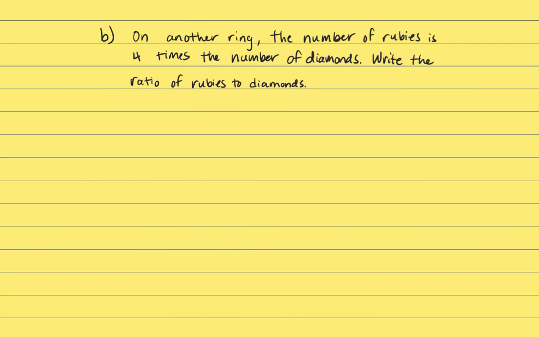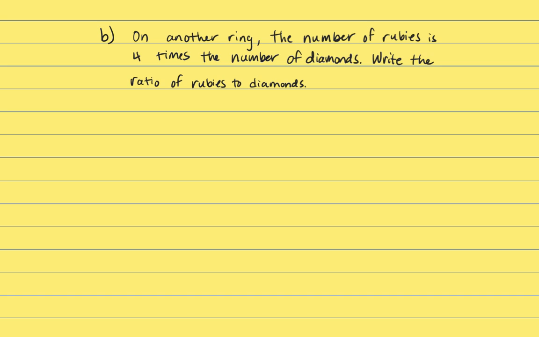This one's a little bit more complex to think about, but kind of the same idea. On another ring, the number of rubies is 4 times the number of diamonds. Write the ratio of rubies to diamonds. So we're coming up with a ratio, but we don't know the number. A good way to look at this is, I'll use red for rubies and black for diamonds.